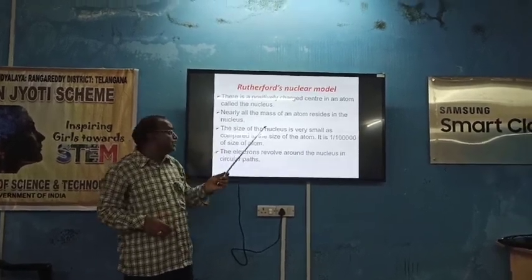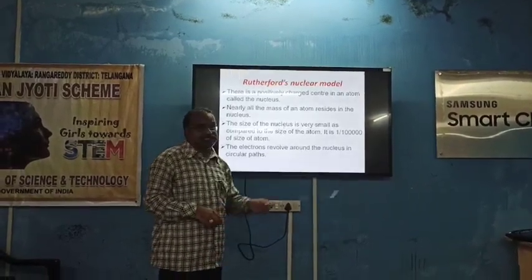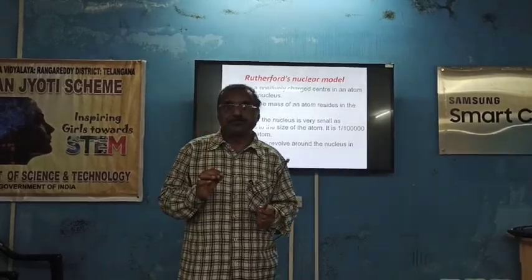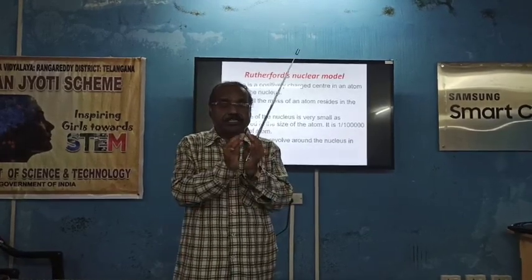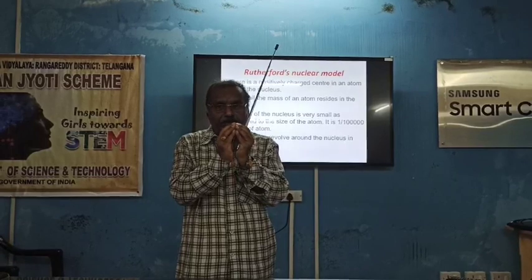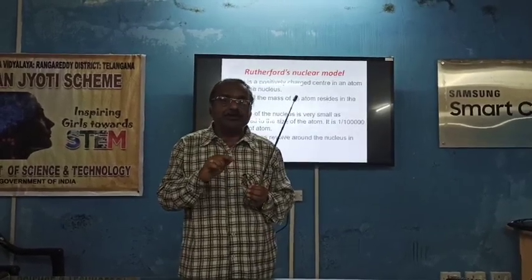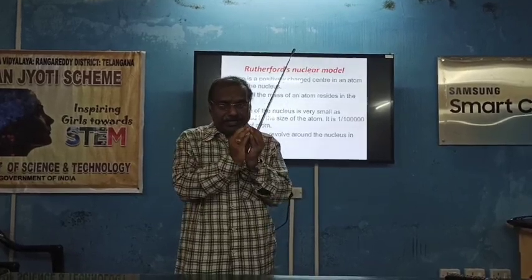Now size. The size of the nucleus is very small compared to the size of the atom. Suppose you imagine a cricket ball as the center, having positive charge. Imagine a circle with a radius 10 power 5 times the radius of the ball.